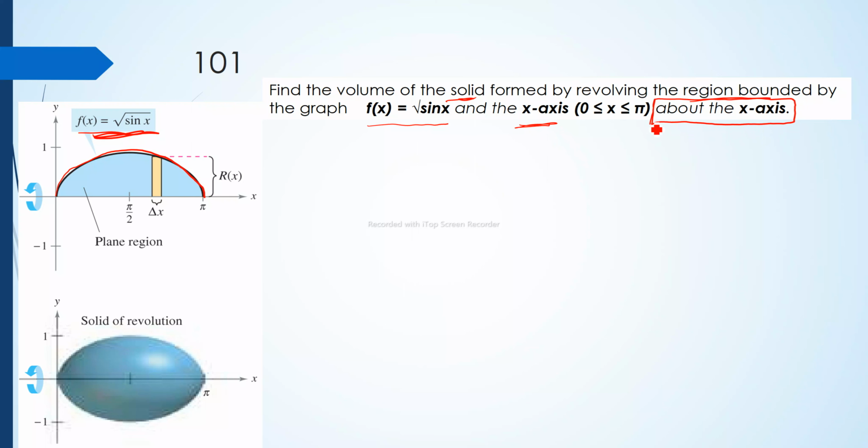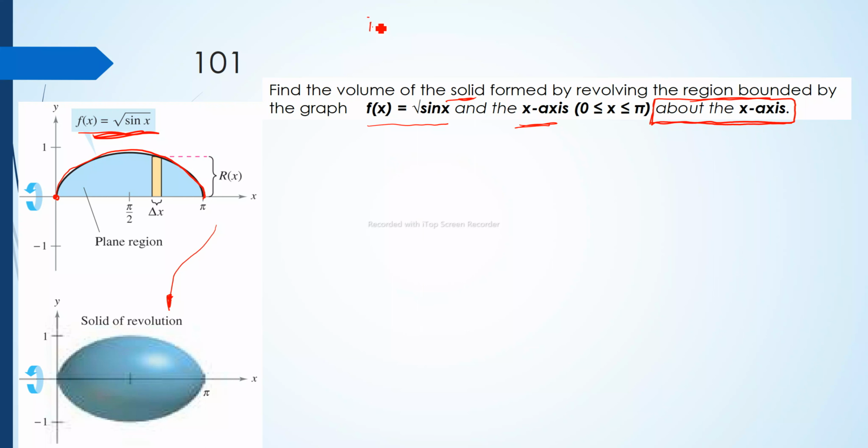About the x-axis means that the area needs to be revolved along the x-axis. This one is from 0 to pi. So this will be the resulting solid of revolution.